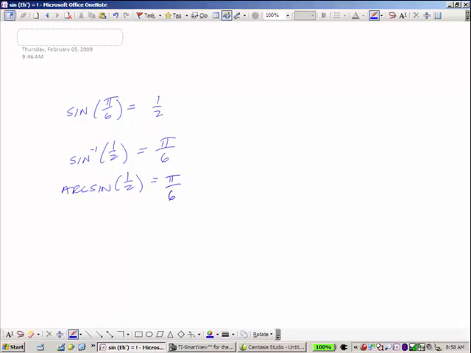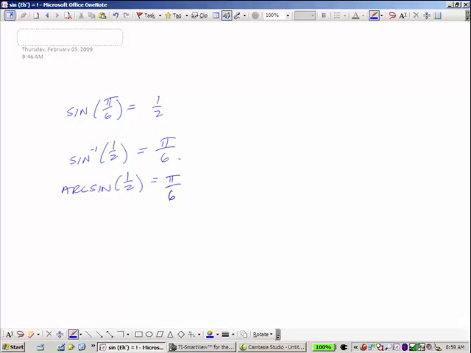Evan? Nope. All right, so just to recap, Monty said 210 degrees has a sine of 1/2. He's wrong, but he's on the right track. And then Danny said 120, and now you said 150 degrees. That does have a sine of 1/2.